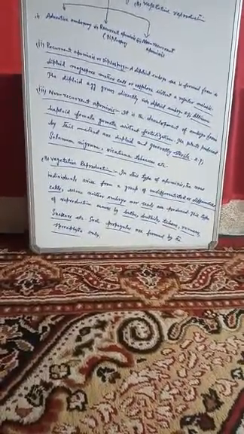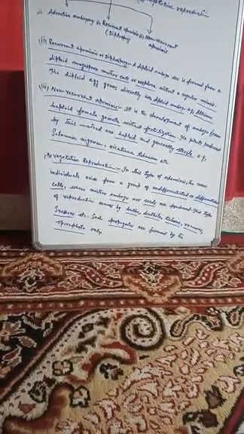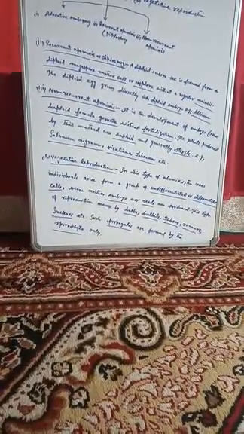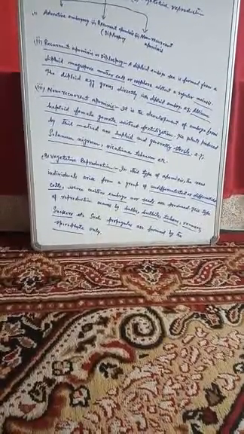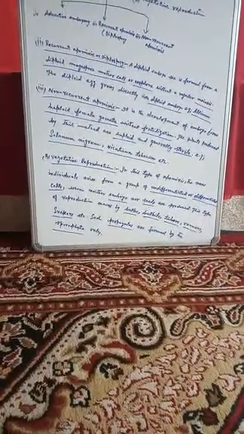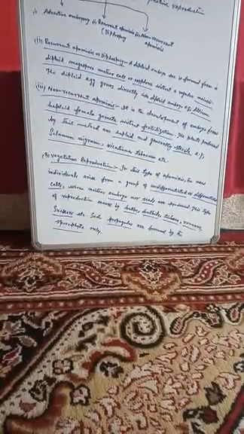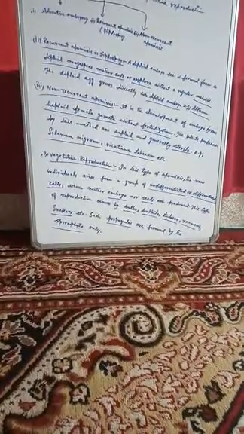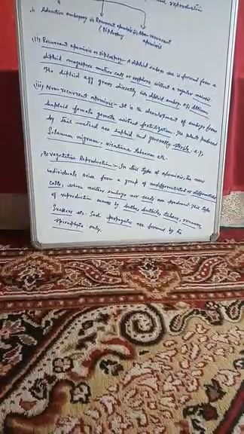This is the mode of apomixis in which new individuals arise from a group of undifferentiated or differentiated cells where neither embryo nor seeds are produced.